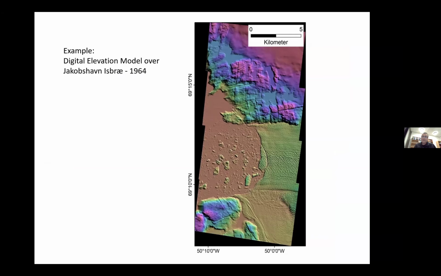This is an example of a digital elevation model based on one of the old photos. This is for Jakobshavn from 1964. The photos are of very good and high quality, so you can really see the icebergs in the fjord in front of the glacier.